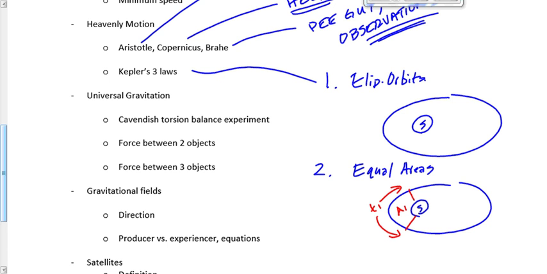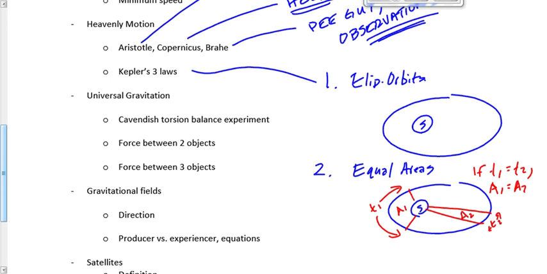Fast forward a few months, another time T2 sweeps out another area A2. If T1 equals T2, then A1 equals A2. So we say that in words, during equal time intervals, a line that joins the sun to the Earth sweeps out equal areas.